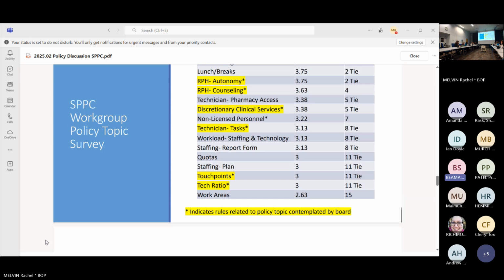I am very passionate about this topic. I think that regular surveys of this sort, so that the board can have a gauge of the actual practice conditions, is really important, no matter what the pharmacy world is like at that time. It's always evolving, and so it's nice to have a gauge of that.